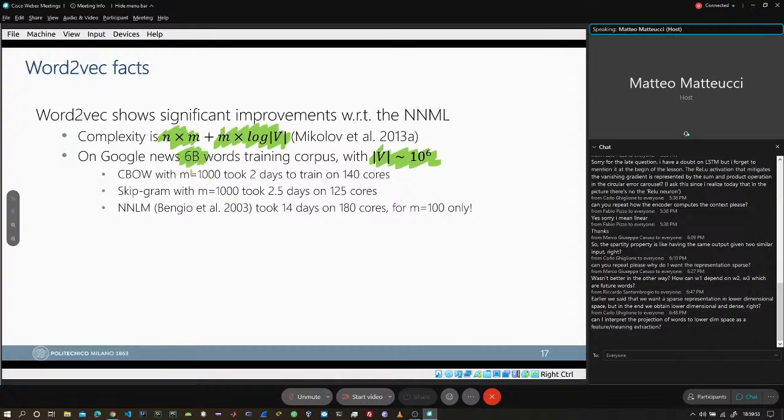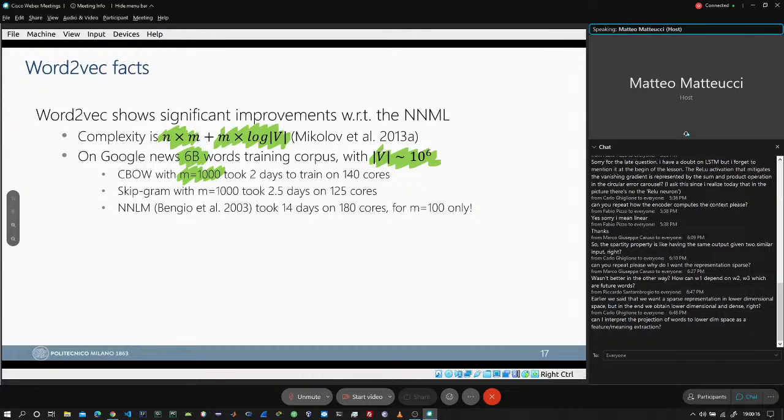The embedding was 1,000 numbers, sorry, yes, 1,000 is the size of the embedding, and basically they were able to capture more information, more context about the surrounding.